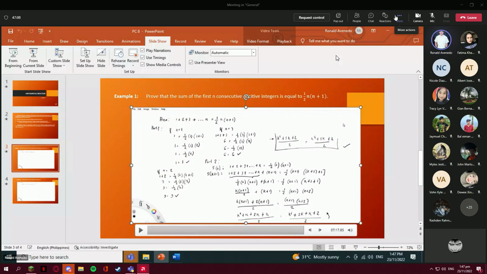So you have to prove first that 1/2 of n times the quantity n plus 1 could be used as the formula for the sum of the first consecutive positive integers. And that is mathematical induction.